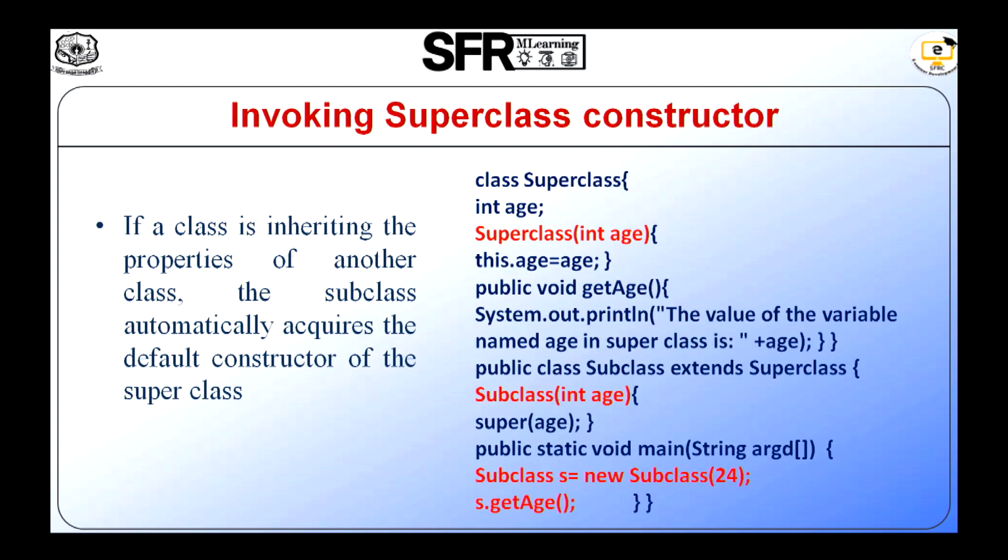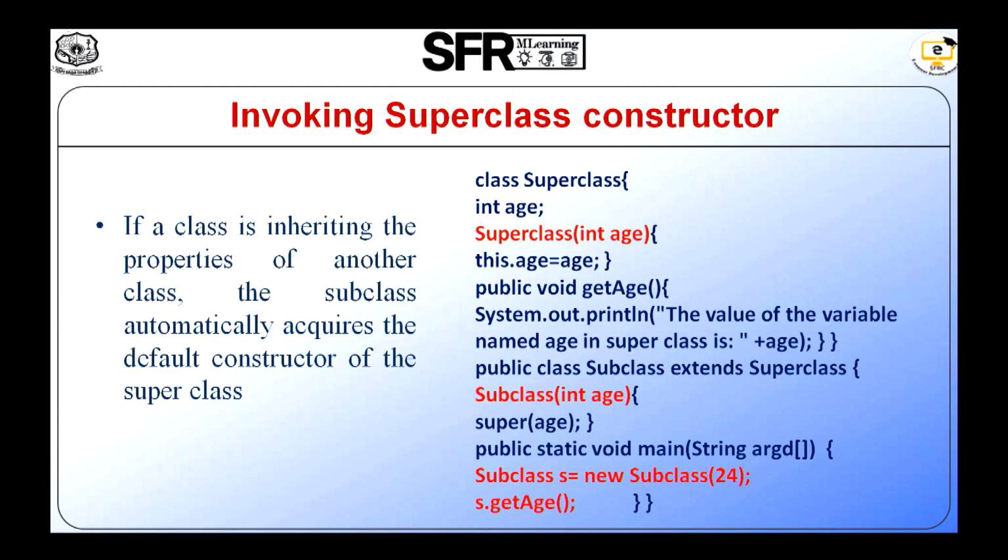Next, the superclass constructor. If a class is inheriting the properties from another class, the subclass automatically acquires the constructor of the superclass. For example, here in the superclass we have one constructor. Already you know that when you create a constructor, we should give the class name as the constructor name.